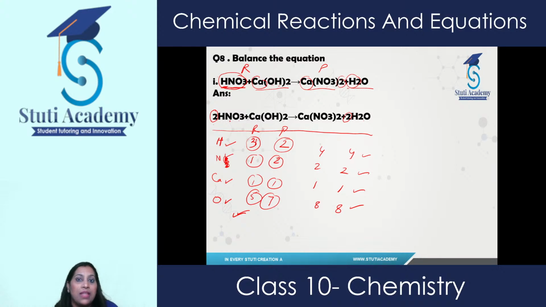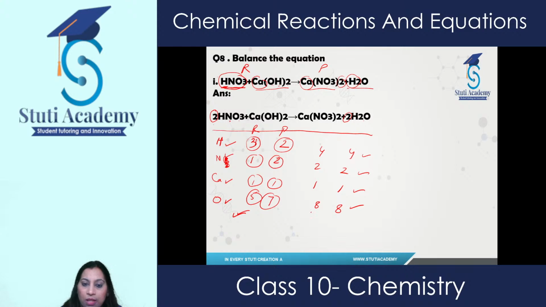Do you remember those rules or those steps? First write down the names of elements, then write down the number of atoms present on both sides, then choose the element which is maximum in number. So here oxygen is maximum in number, so we need to balance oxygen first.